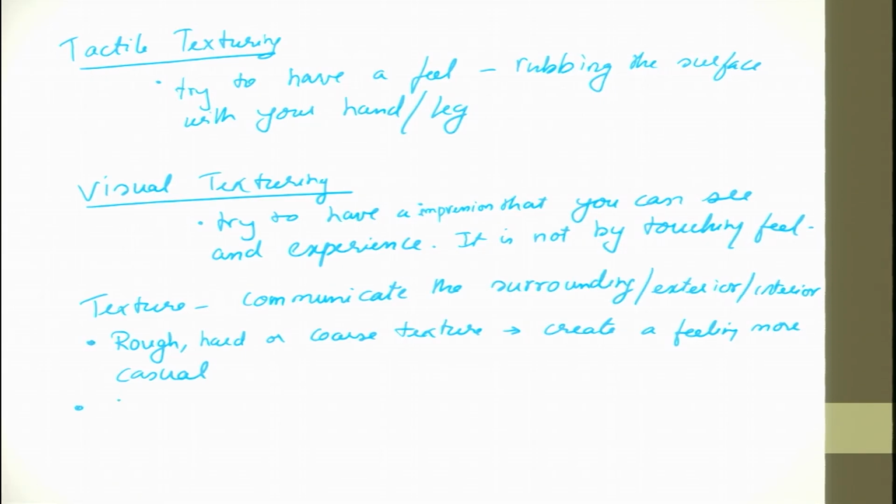When we put a smooth, soft, just the opposite, or fine textures, it creates a formal feeling, neat, clean, all those things, unlike a rough surface. Okay, so this creates a formal feeling.